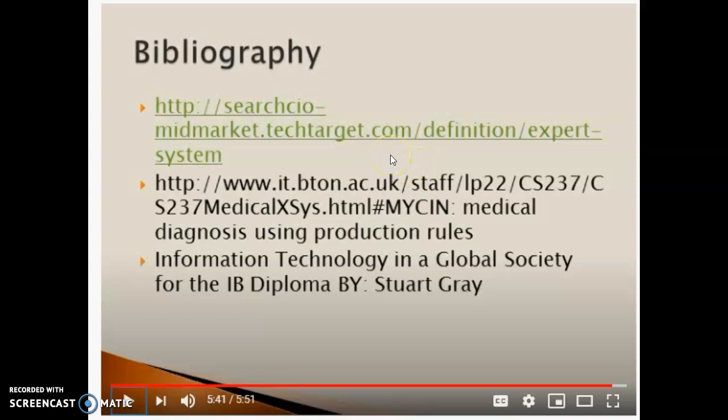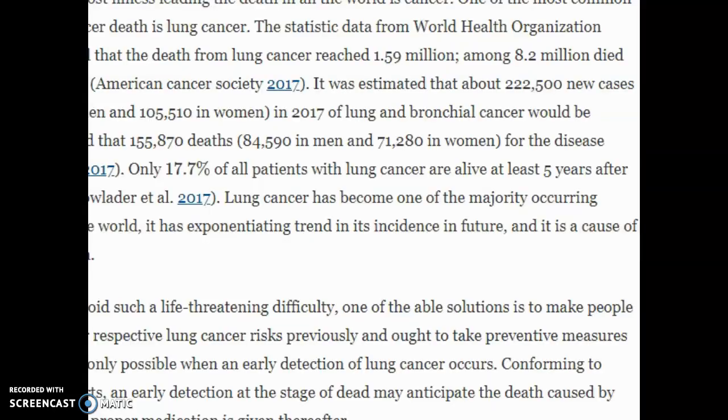Then after this, I'll show one more example. That is again the same. We'll take the same application, that is used in medicine. Here the expert system could also be used to detect an early form of cancer. Cancer is second only to heart-related diseases; people die more because of cancer.